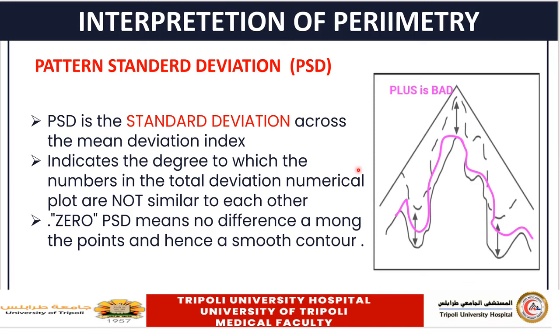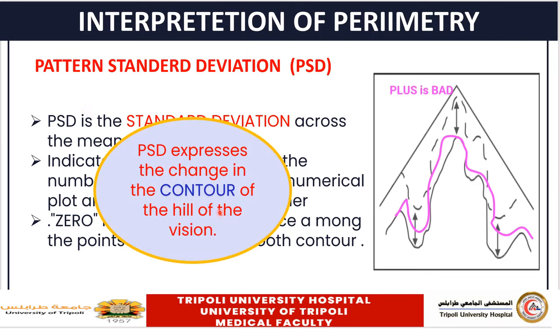It has a value from 0 to positive. 0 indicates there is no irregularity, and a positive value indicates a very bad irregularity. The higher the plus value, the more the irregularity. So pattern standard deviation expresses the changes in the contour, and as I explained earlier, the mean deviation expresses the changes in the height of the hill of vision.